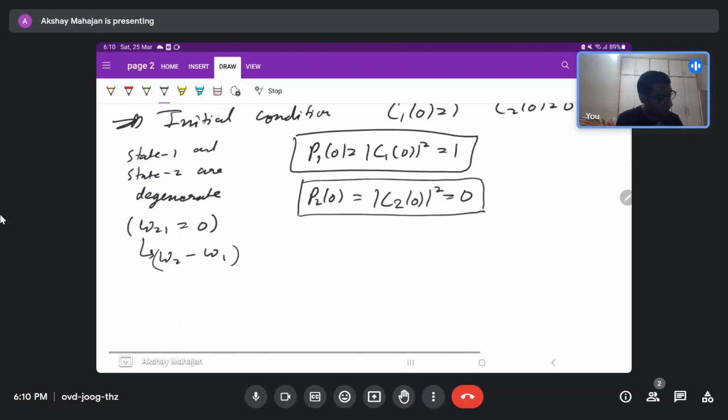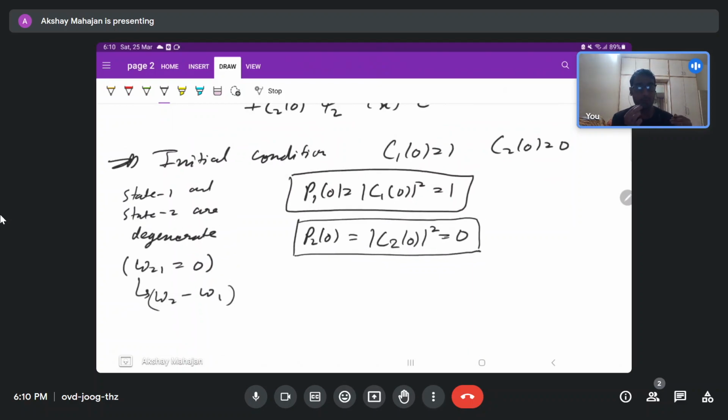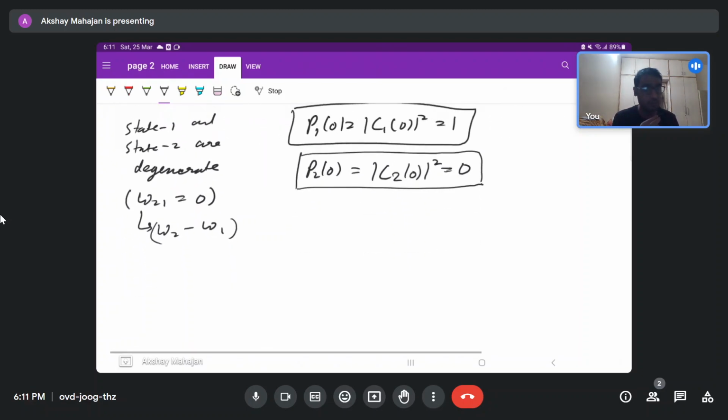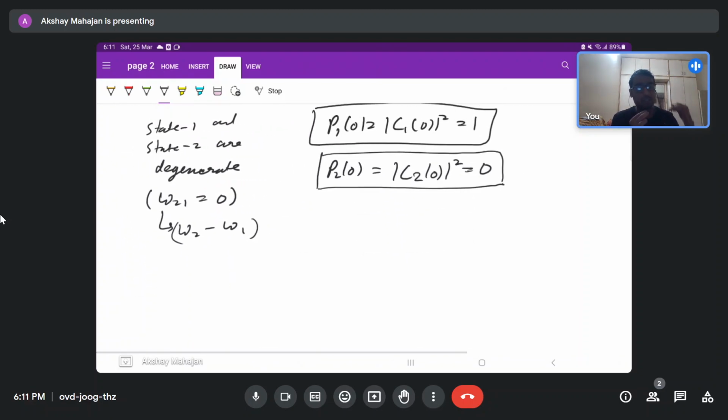Now what we have to do? We derived the Rabi's formula, if you remember. In the lecture notes we derived the Rabi's formula for this two-level system when we apply a constant perturbation.